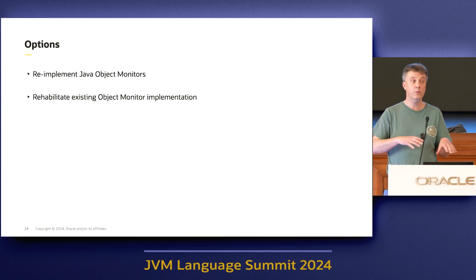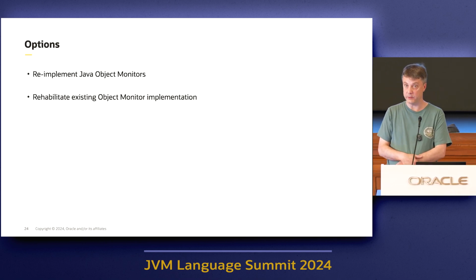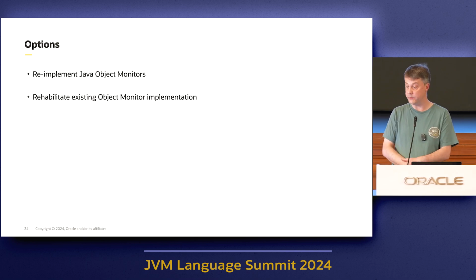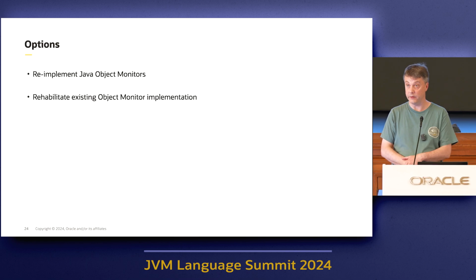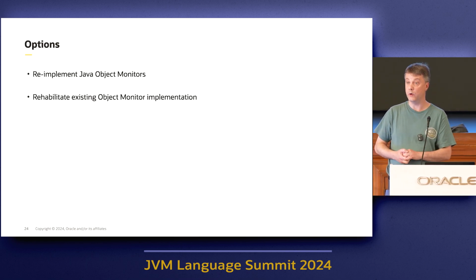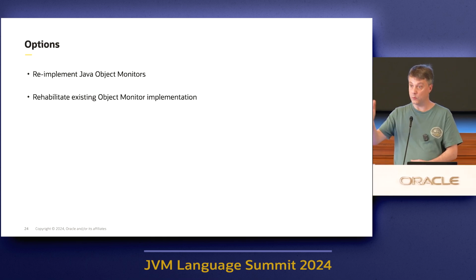When we were here last year in the workshop, we were talking about possible directions on this. There was a project running at the time called Java Object Monitors. Robin Ian was running with this and had got it so far that he had re-implemented monitors in Java. He had the interpreter working.